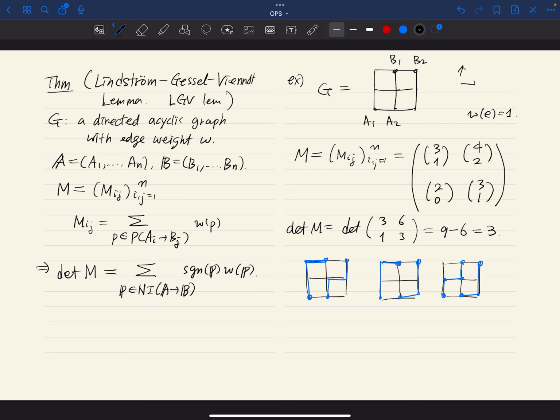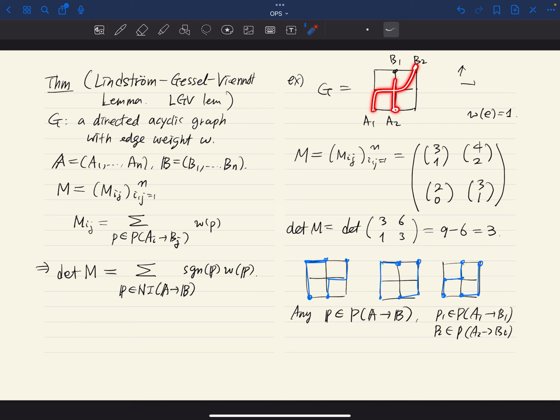Note that any P in this example, P1 must go from A1 to B1, and P2 must go from A2 to B2, because if you want to connect A1 to B2 and then A2 to B1, there must always be an intersection. So if you want a non-intersecting path, this should go there, this should go there. Okay?